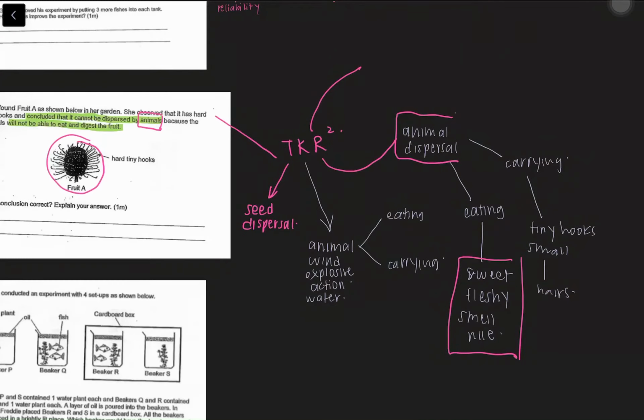But over here, we have seen that eating is not the only way in which animals can disperse seeds. We also have carrying, which is done by fruits which have tiny hooks and are small, which cling on to the hairs of animals. So over here, we will need to put this in our answer. This is relevant here.